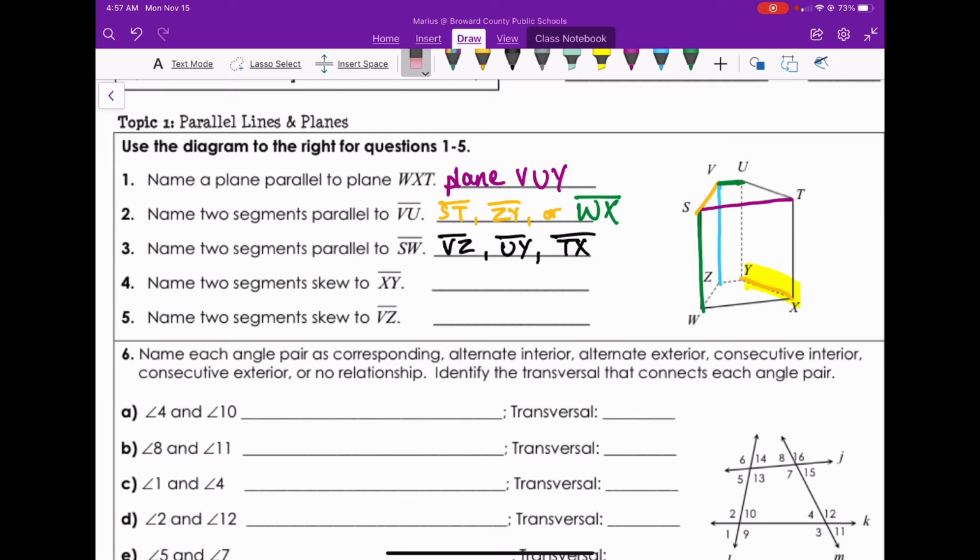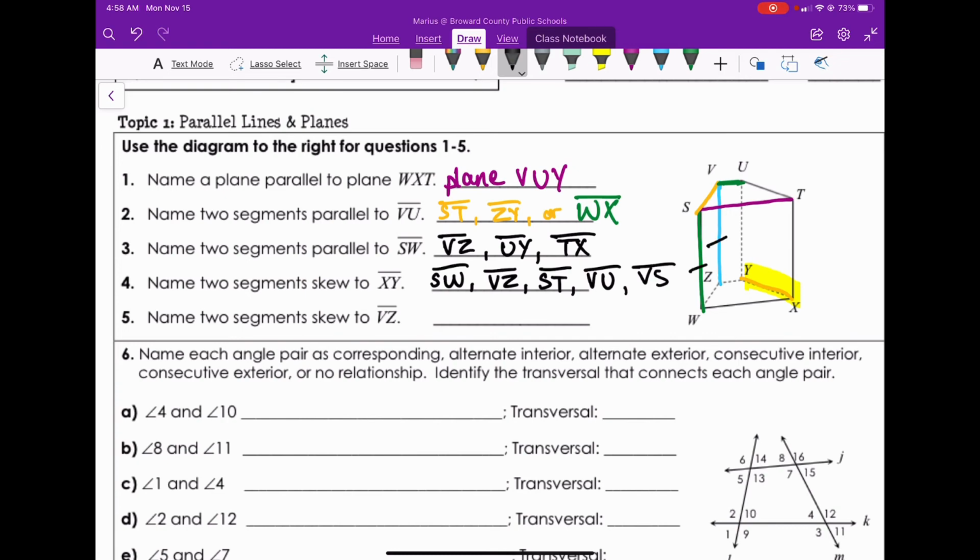However, all these other lines will never intersect, which is, in other words, will never touch XY, okay? So let's list those out. What did we say? We said SW, we said VZ, we said ST, we said VU, and VS. All right, so it's really 5.